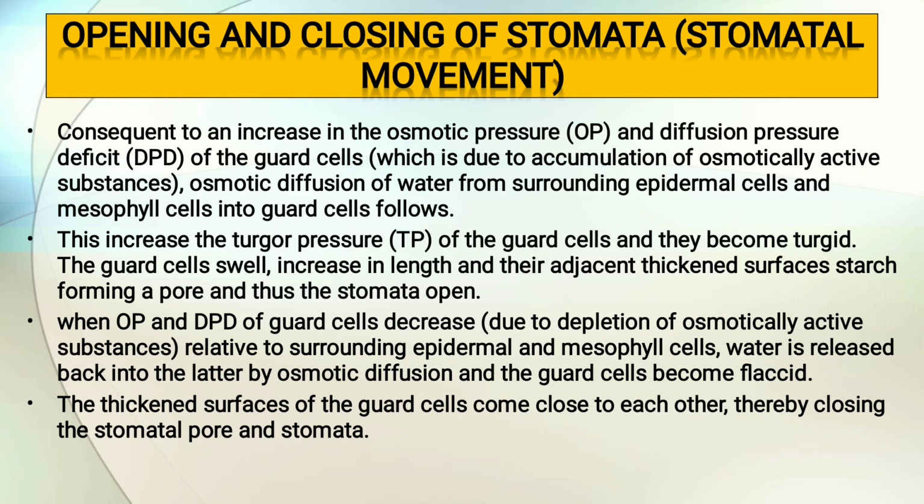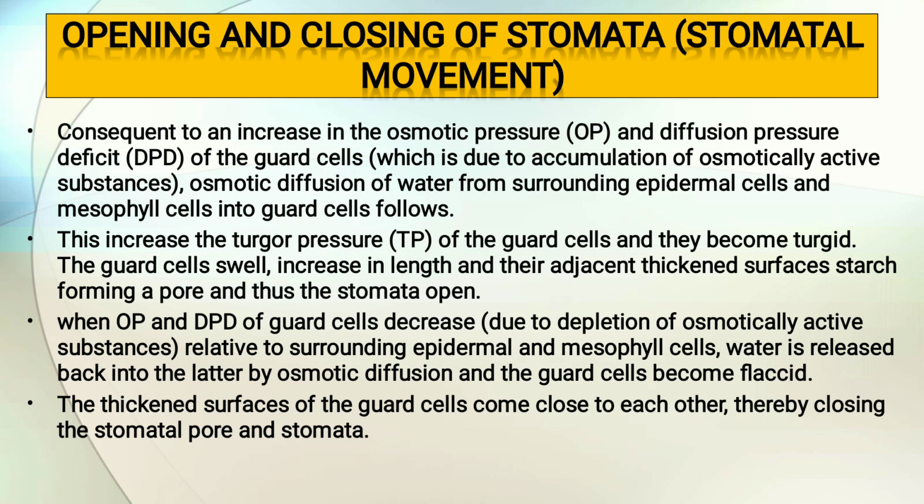This increases the turgor pressure of the guard cells and they become turgid. The guard cells swell, increase in length, and their adjacent thickened surfaces stretch, forming a pore, and thus the stomata open.